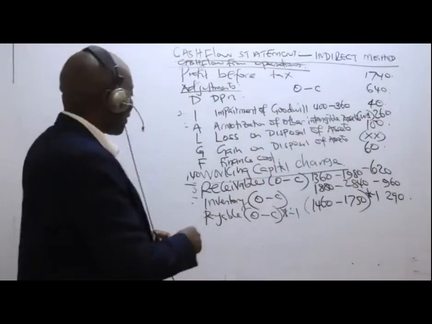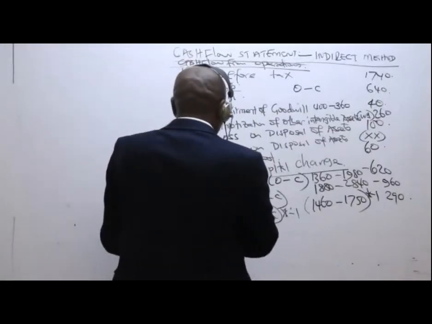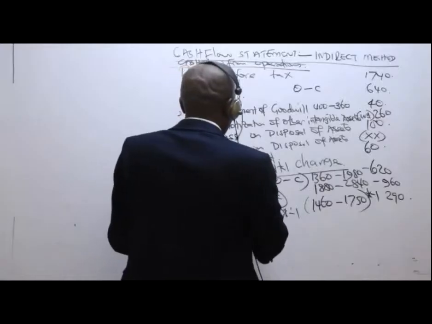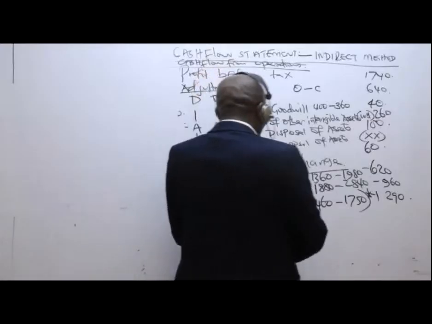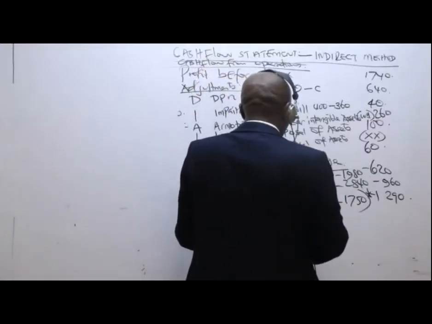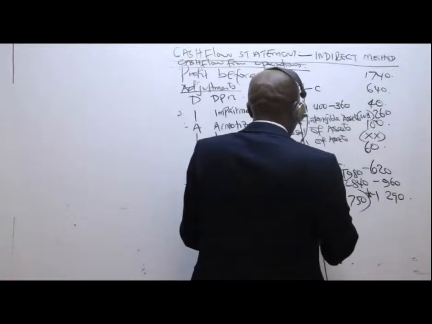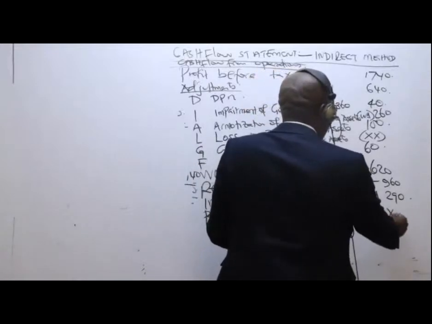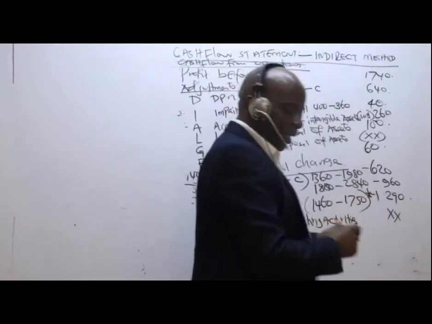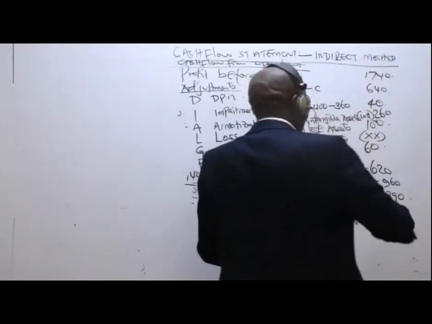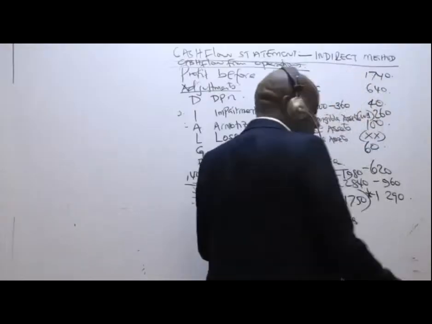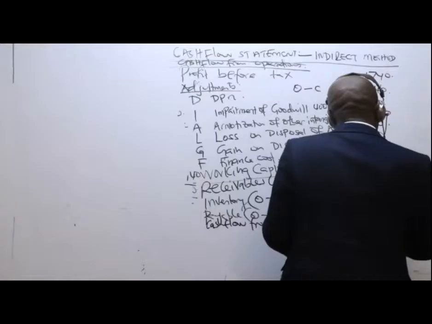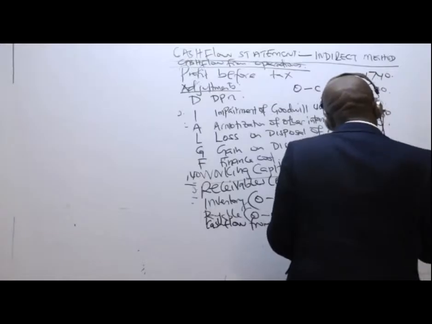What you need to do is to come and give us here, you just write for them cash flow from operating activities. Actually, if I'm the one here, I'll give them an X. And when I'm feeling a bit cheeky in an exam, I'll come and draw a smiling emoticon for that examiner.